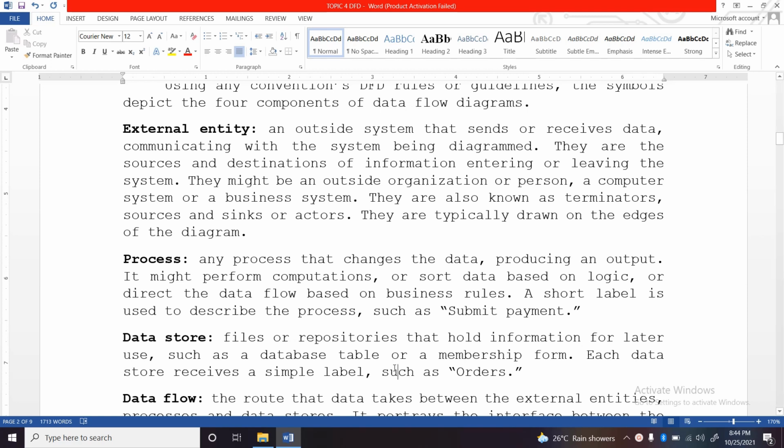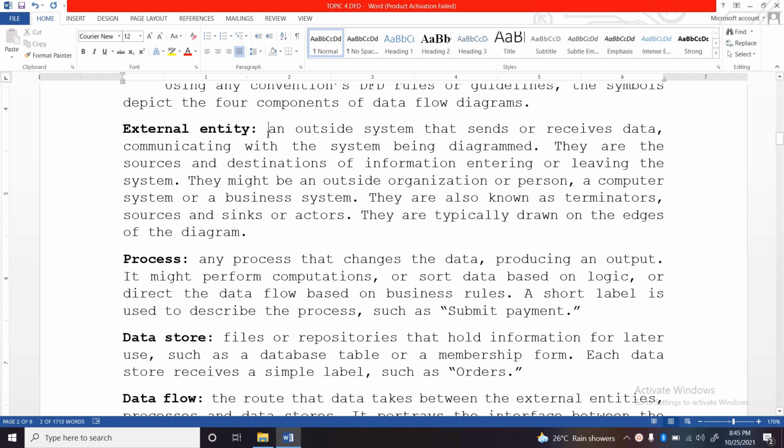As I've said earlier, DFD is somewhat the same as the entity relationship diagram because, of course, they are used for visual representation of the data that is flowing or moving inside our system. But there are also similarities when it comes to the different components. Here, the ERD has an entity as well as the DFD, but in the DFD we call it the external entity.